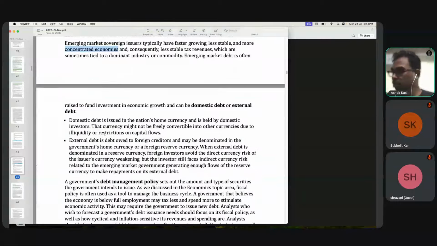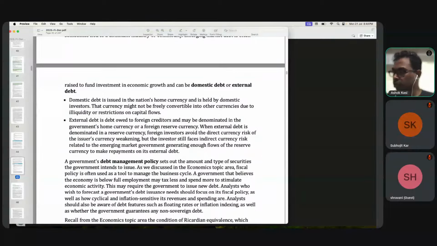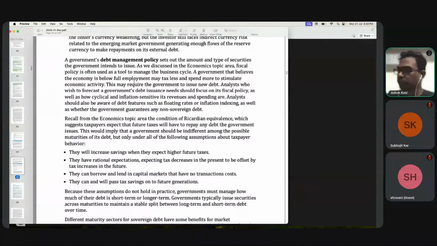And then domestic debt or external debt, these are all normal ones. Debt management policy: a government's debt management policy sets out the amount and type of securities the government intends to issue.